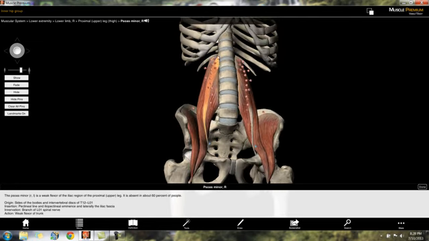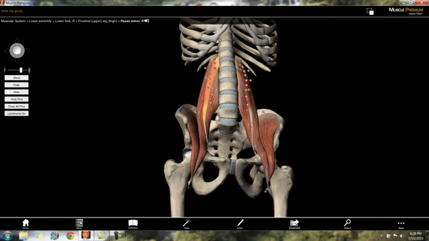So it's attaching here and then traverses down and inserts on the pectineal line and the iliopectineal eminence, innervated by L1, and really primarily has a reverse action function of some trunk flexion, but it's a real weak muscle, and I think primarily plays more of a stabilizing role.